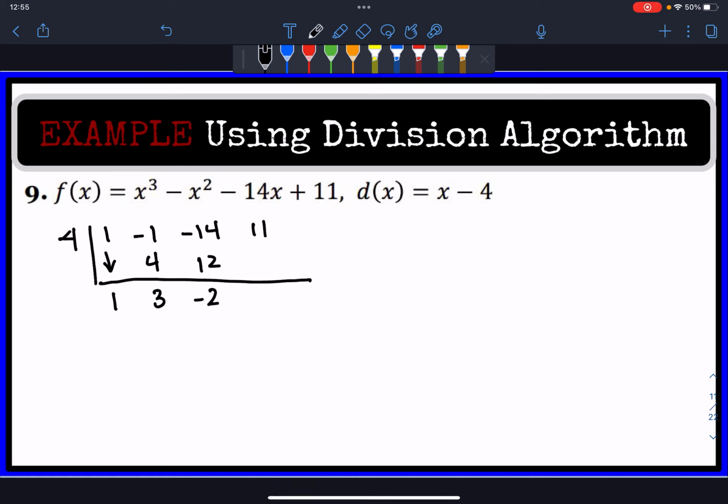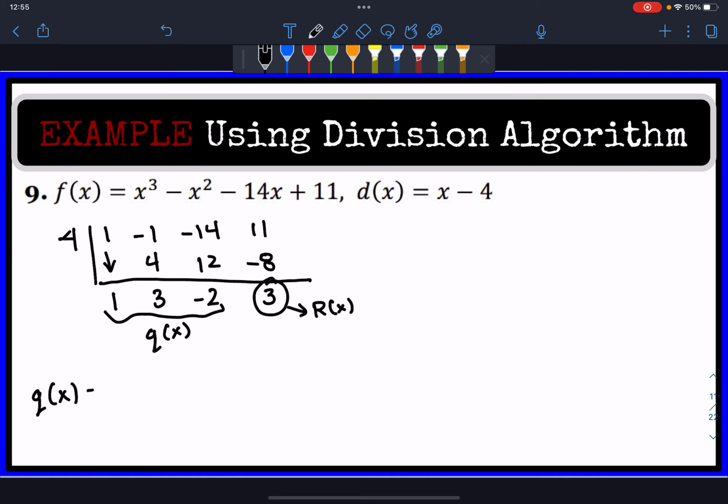And negative 2 times 4 is negative 8, which is positive 3. So this one right here is my remainder, which we'll call, again, r of x. And this is my quotient, q of x. So q of x is equal to 1x to the second power plus 3x minus 2. And my remainder is 3.